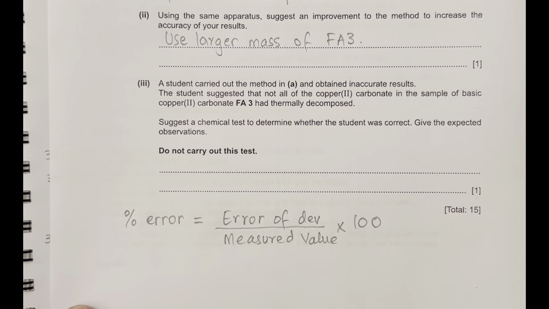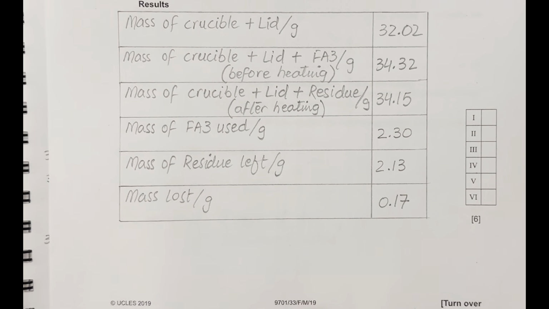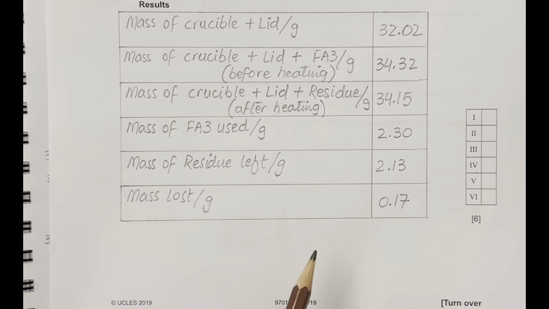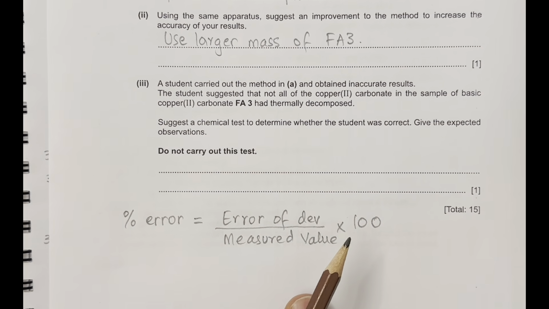And the second is, we can reheat the contents, because we have not reheated. If you look at the table, we have just heated once and calculated the value. We haven't removed completely whatever could be removed from the salt, like whatever water or carbon dioxide can be lost. We have just heated once.